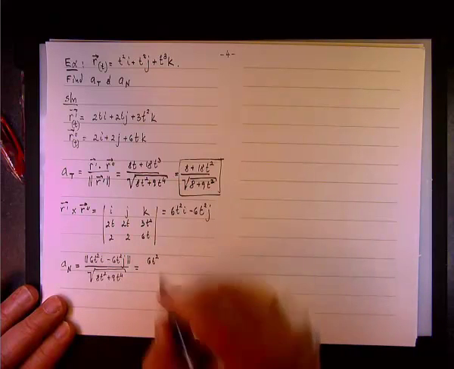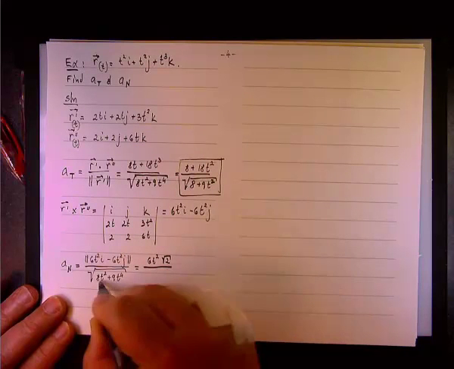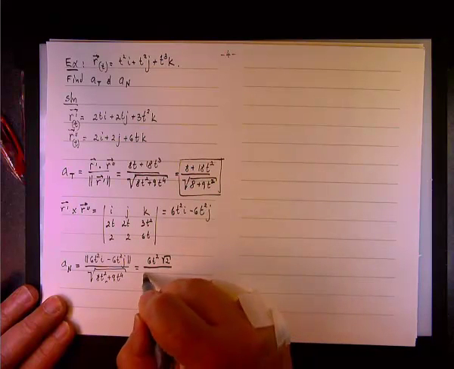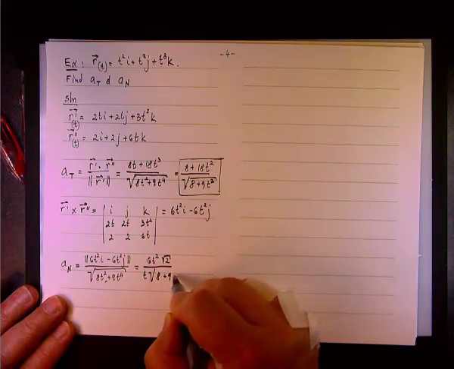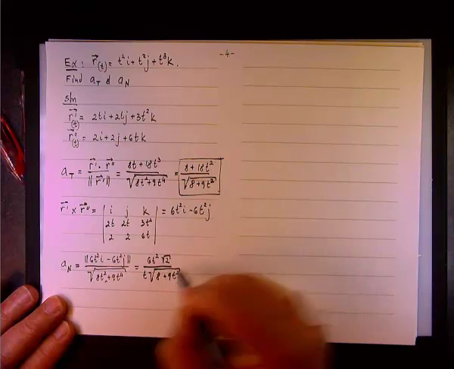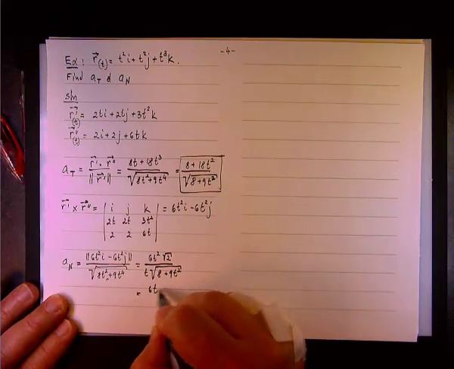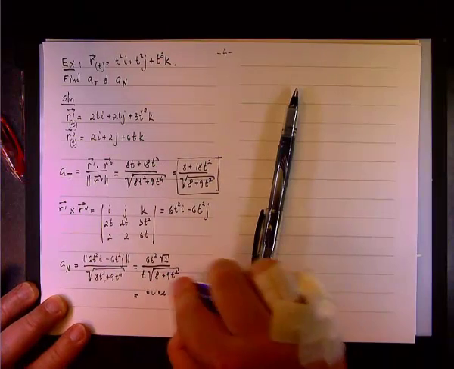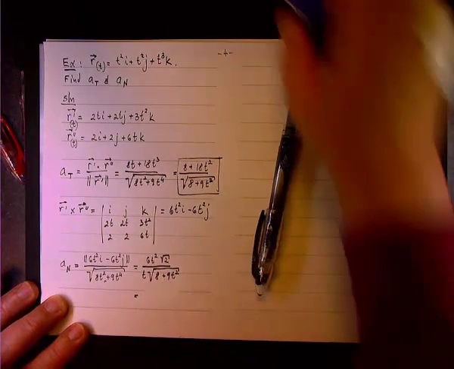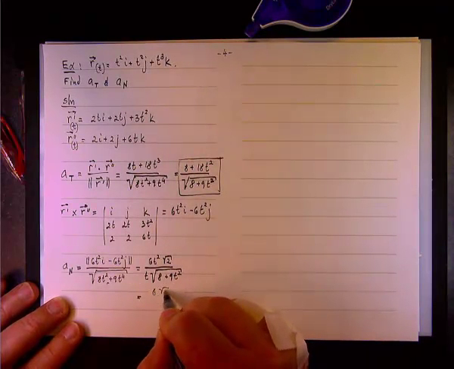So this would be 6t squared, and that's a common factor, and we have the square root of 1 plus 1, so the square root of 2, divided by, and factor out the t, so you have t times the square root of 8 plus 9t squared, and eventually you come up to the solution, which is 6t square root of 2.